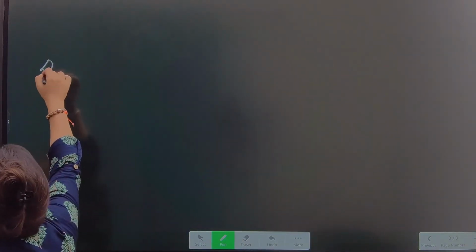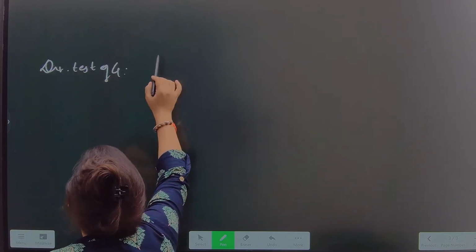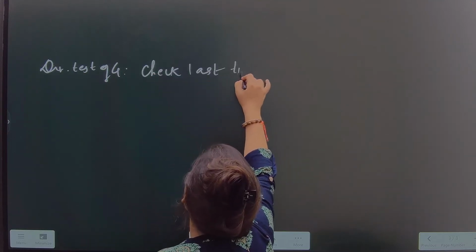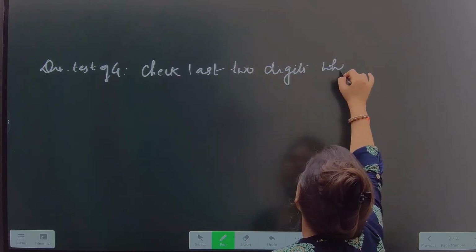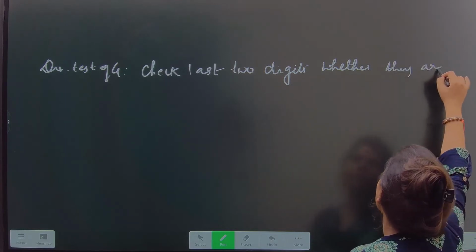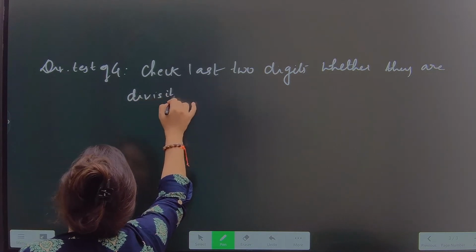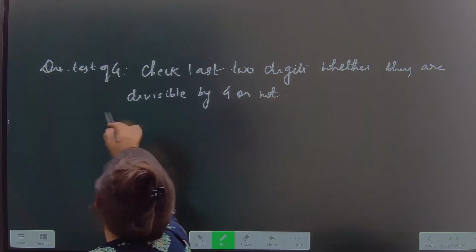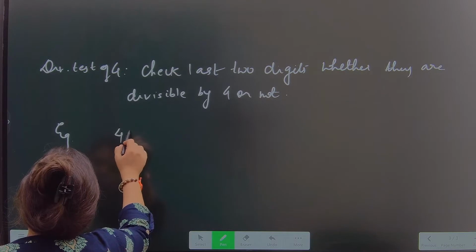divisibility test of 4. For that, you need to check the last 2 digits, whether they are divisible by 4 or not. Example, 472.